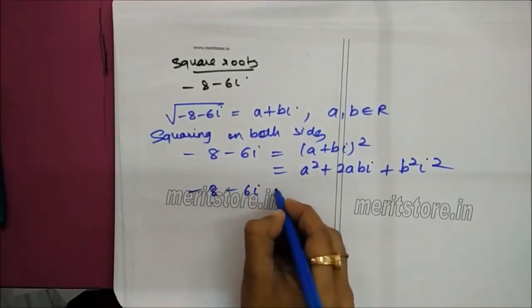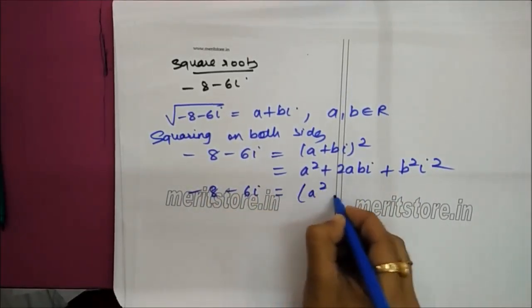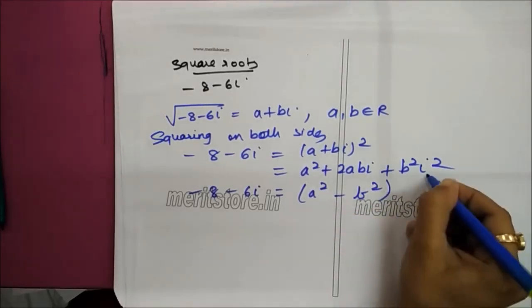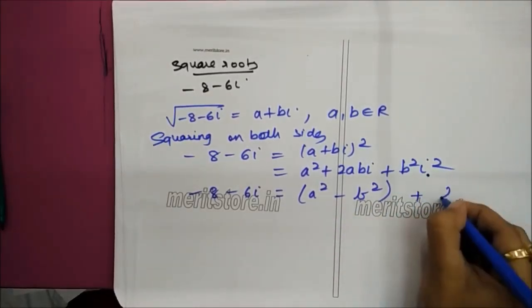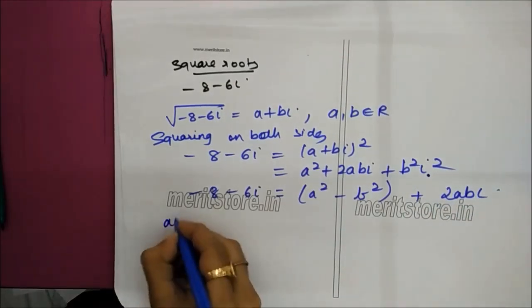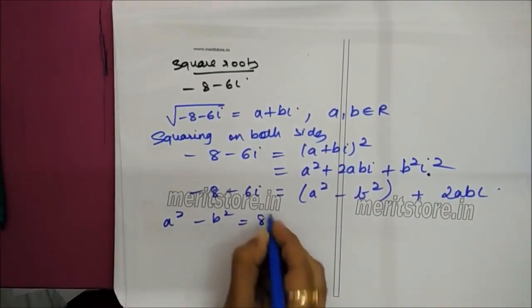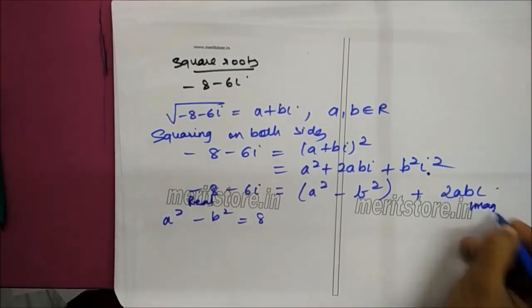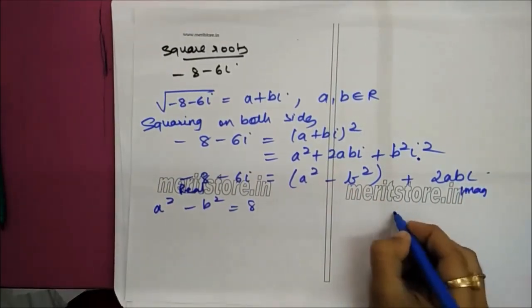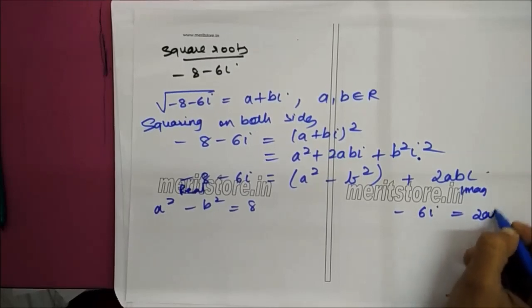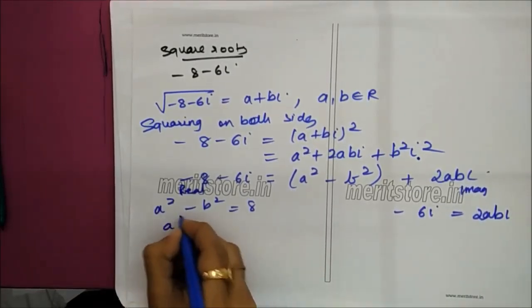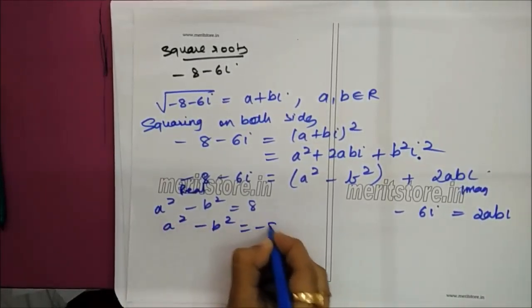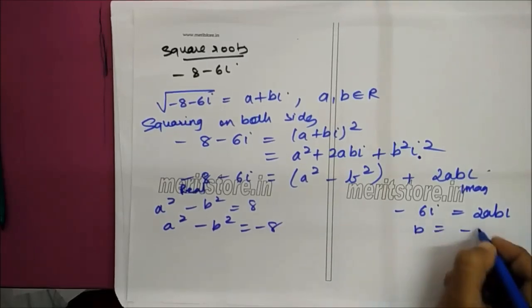Minus 8 minus 6i is equal to a square minus b square, since i square is equal to minus 1, plus 2abi. So a square minus b square is the real part together, and the imaginary part together: minus 6i is equal to 2abi. What you get is a square minus b square is equal to minus 8, and b is equal to minus 3 upon a.